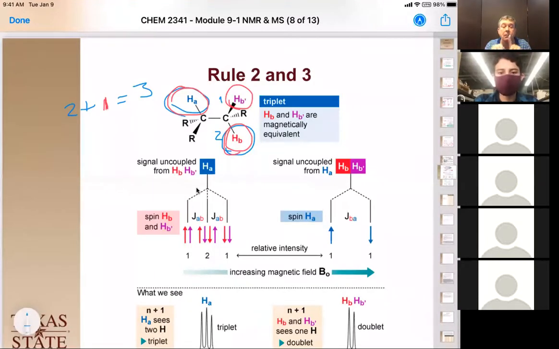One is splitting it upfield a little, and one of them is splitting it downfield a little. The other one's doing the exact same thing. And so the 2 upfield peaks go together, the 2 downfield peaks go together. And it turns out one upfield peak and one downfield peak overlap, so we end up getting those 2 being in the same position.